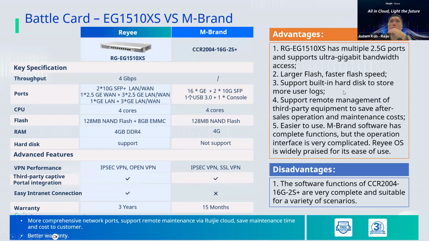We also support remote management, especially third-party equipment, to save operations, with syslog as well, plus a hard disk. And the most important thing, we are easier to use compared with MikroTik. This is what we highlight here.